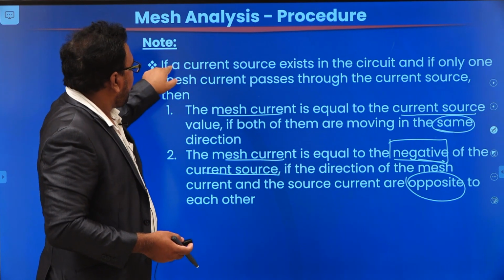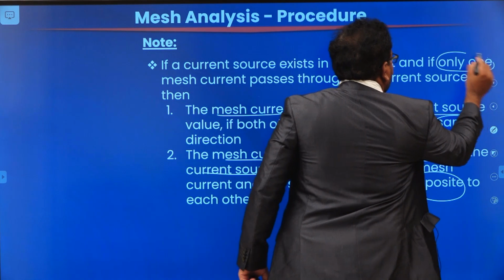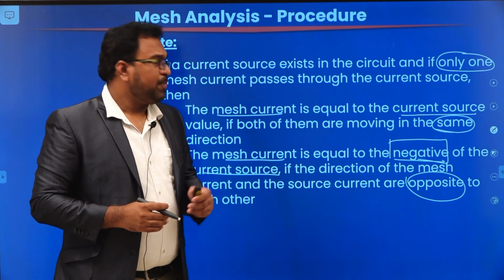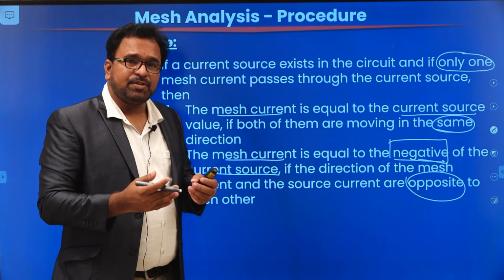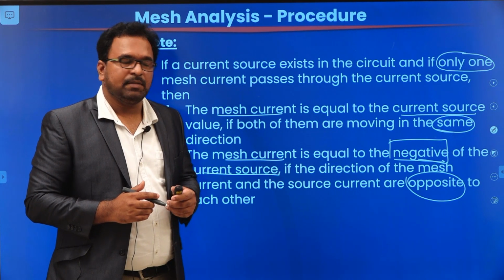But here I have considered that only one mesh current passes through the current source. Suppose the current source is common to two meshes, that means two mesh currents are passing through a single source, what will happen?